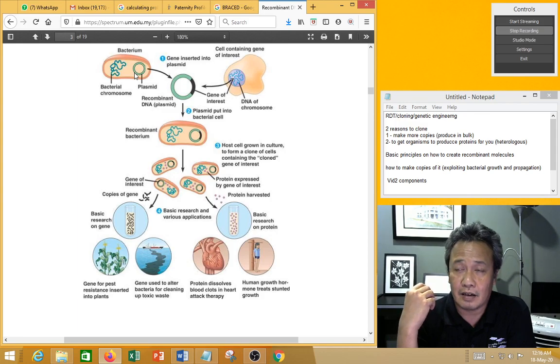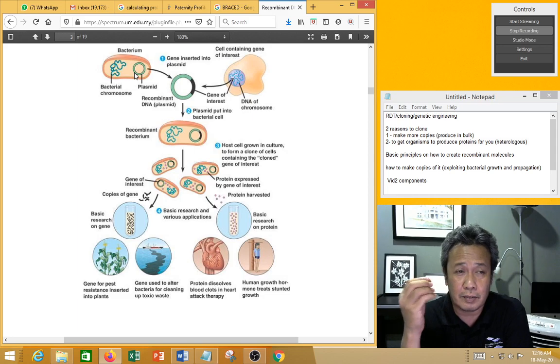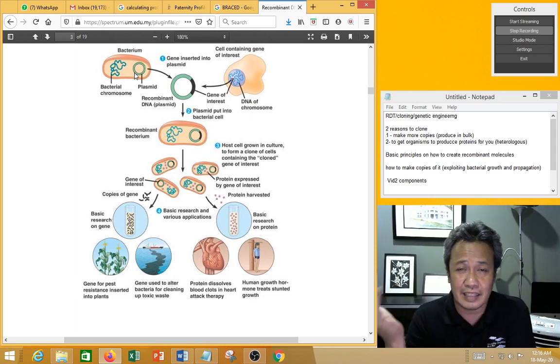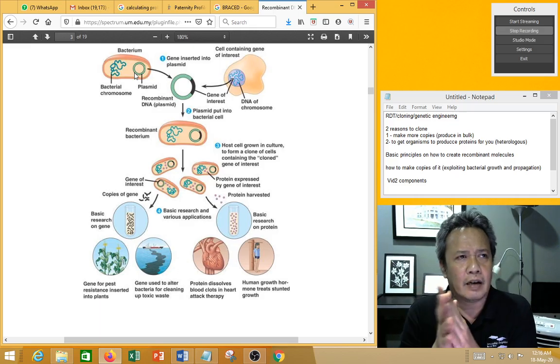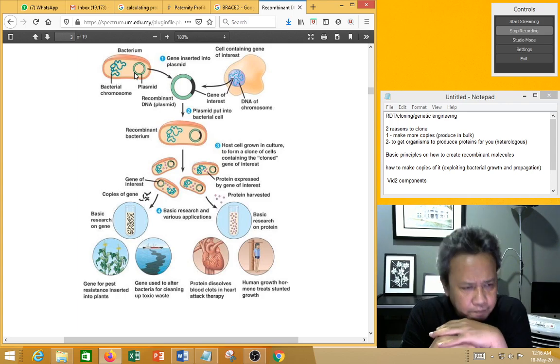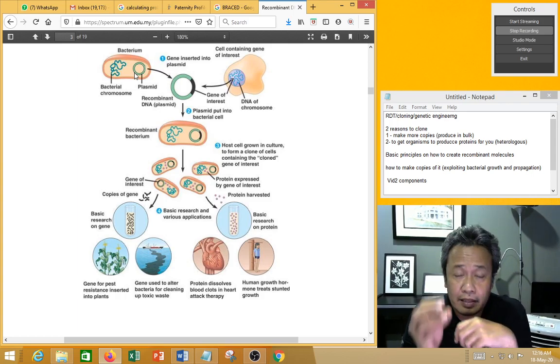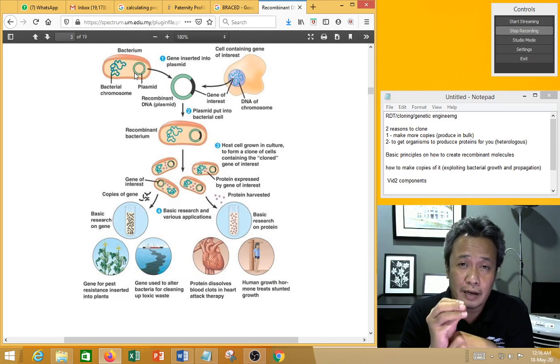Some give the bacteria toxicity. These are extra chromosomal. The bacteria for day-to-day life doesn't need that plasmid, but they are found as part of the bacterial evolution process. And these are the molecules that have been used a lot in the process of cloning.